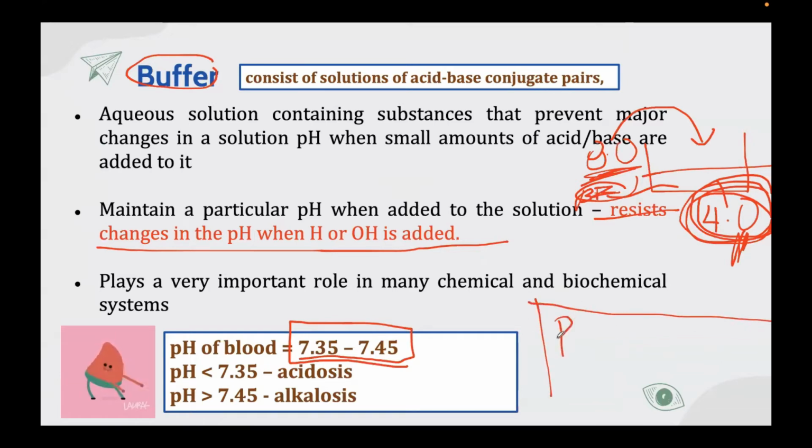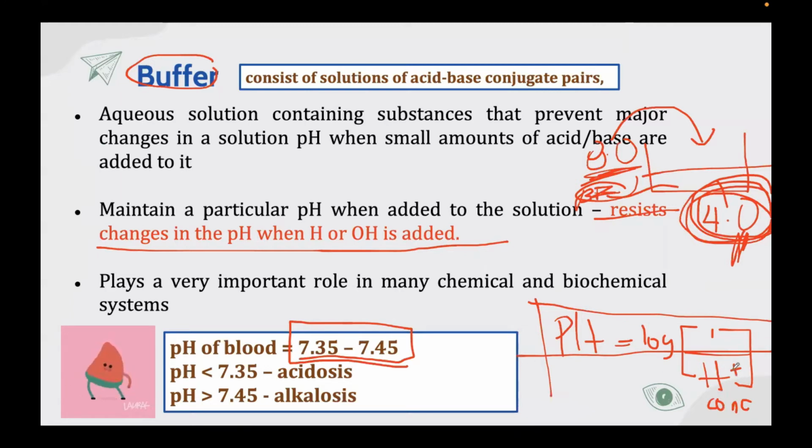Okay? The pH is equal to the logarithm of 1 divided by your hydrogen ion concentration. Bakit po sinulat ni ma'am yan? Para ma-visualize natin yung correlation and then yung relationship ng pH mo and then yung hydrogen ion mo.